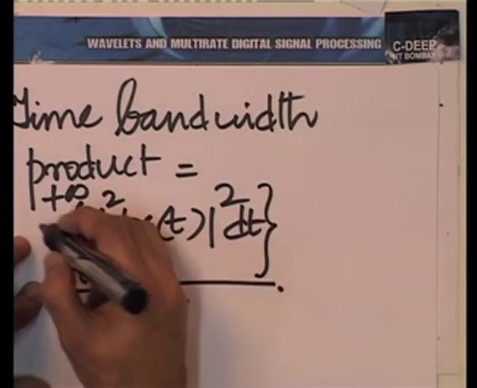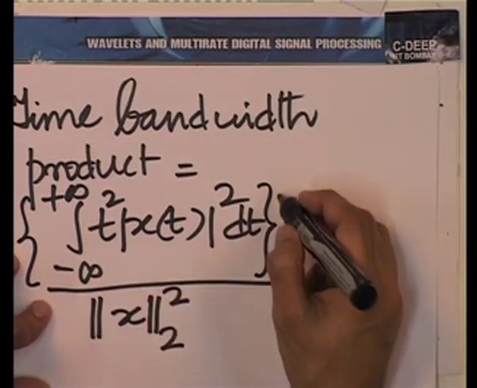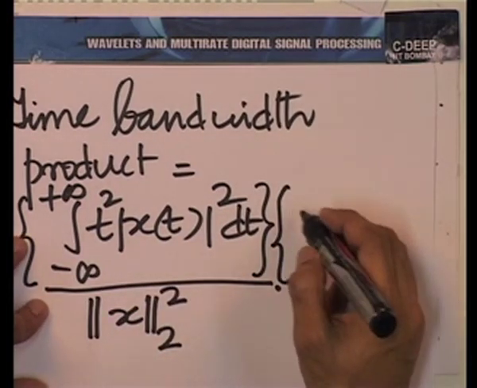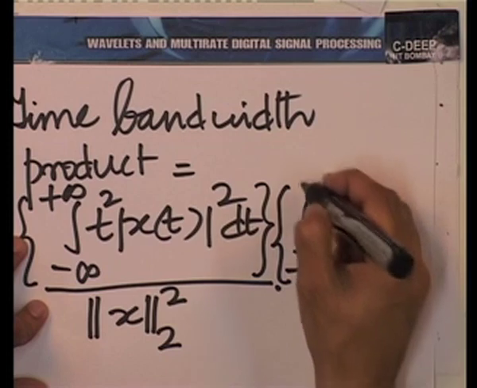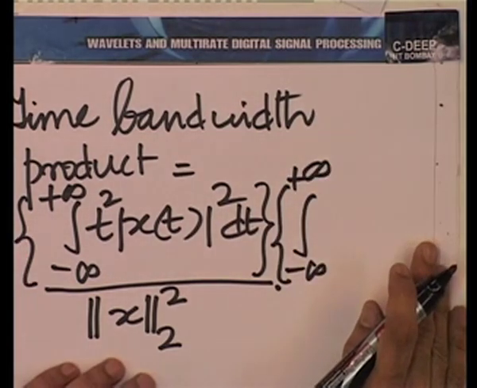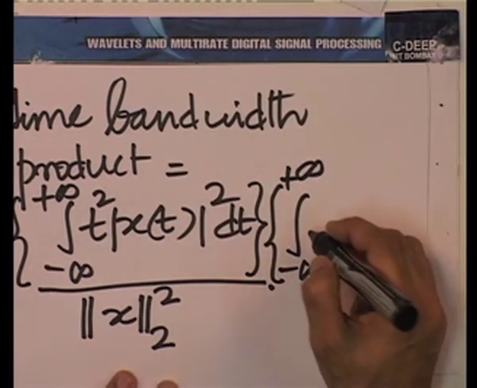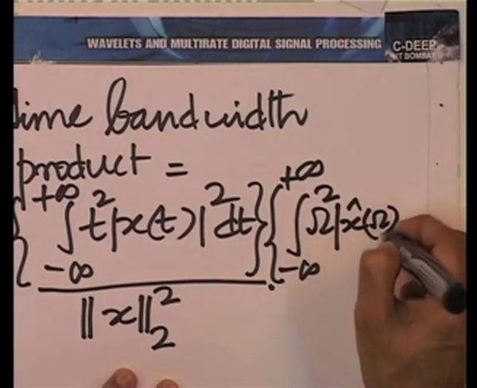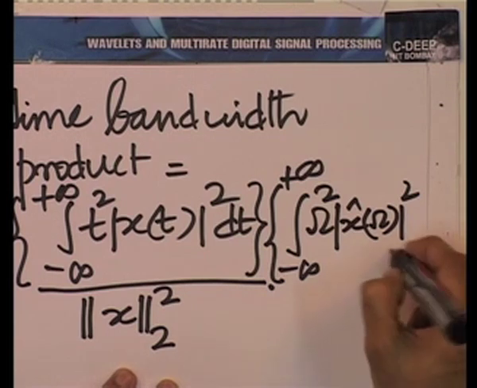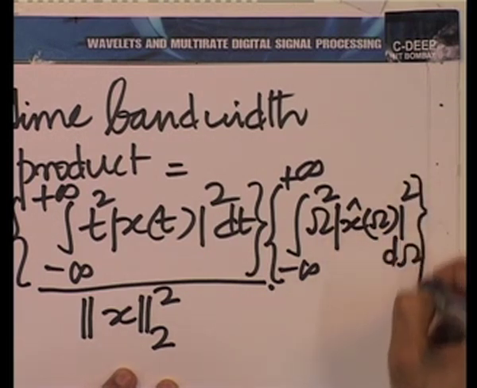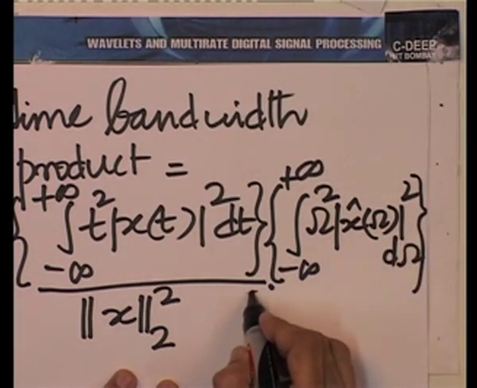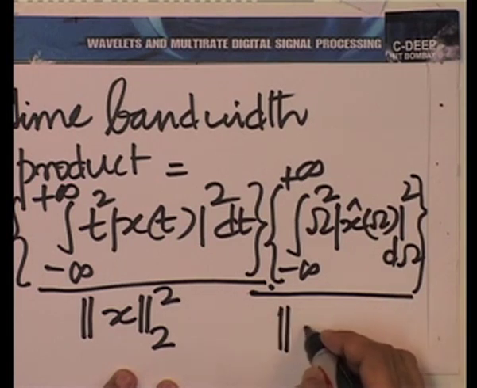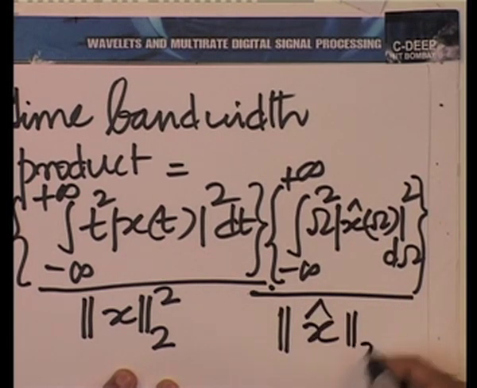So, we will keep this here: minus to plus infinity omega squared mod x cap omega squared d omega, and here again divided by the norm of x cap the whole squared.